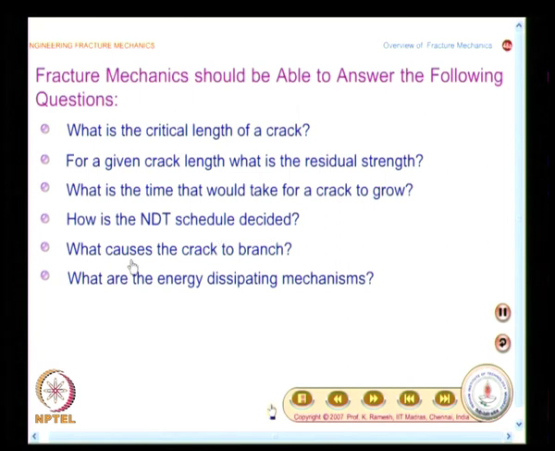And I had already shown that a crack can branch. What causes the crack to branch? And finally, what are the energy dissipating mechanisms? So, this puts a focus on what you should be able to answer at the end of this course. If you are able to answer these questions, then you have reasonably understood what is fracture mechanics.